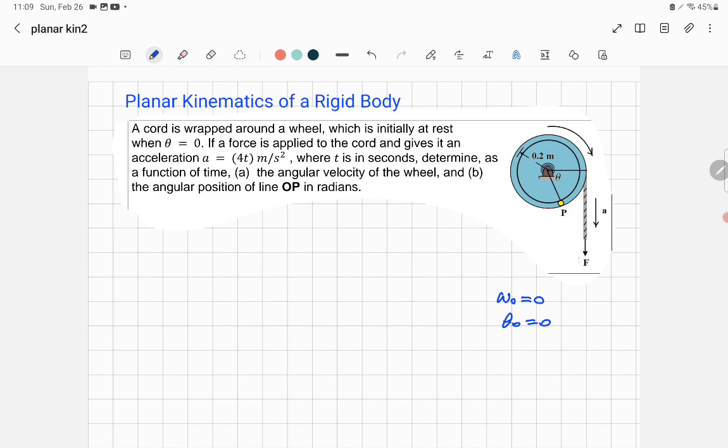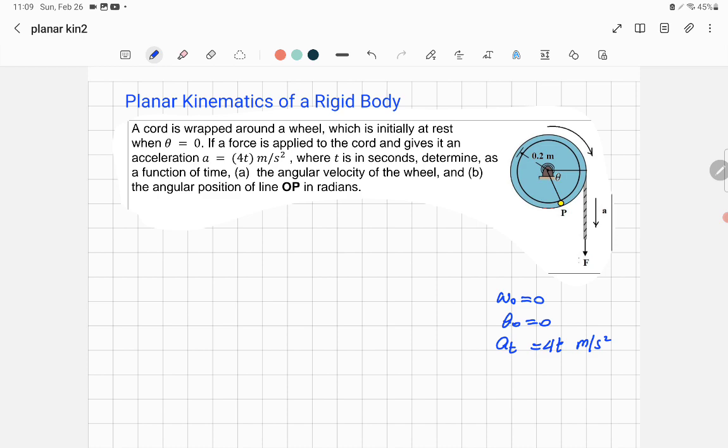If a force is applied to the cord and gives it an acceleration a equal to 40 meters per second squared, that would be the tangential acceleration for the point B, equal to 40 meters per second squared. How do I know it's tangential? Because the unit is meters per second squared, not radians.